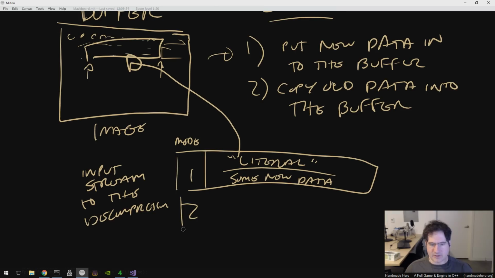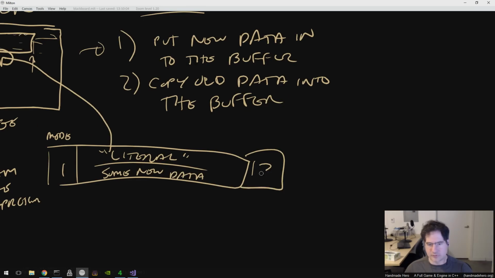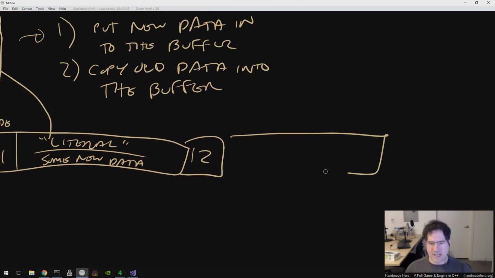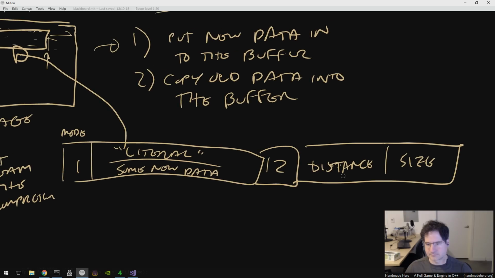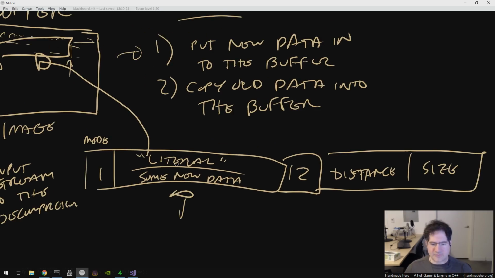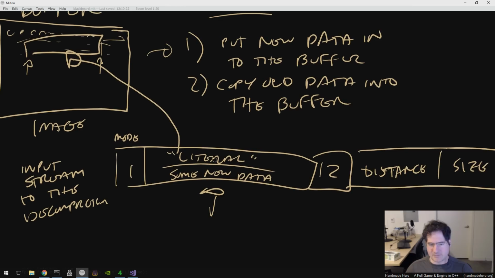If on the other hand we see a 2, so maybe after this there's a 2 next in the stream, then we have two pieces of data that follow the 2, which are the distance and the size. It doesn't have to be in this order. Now in this case, the size may or may not be specified.